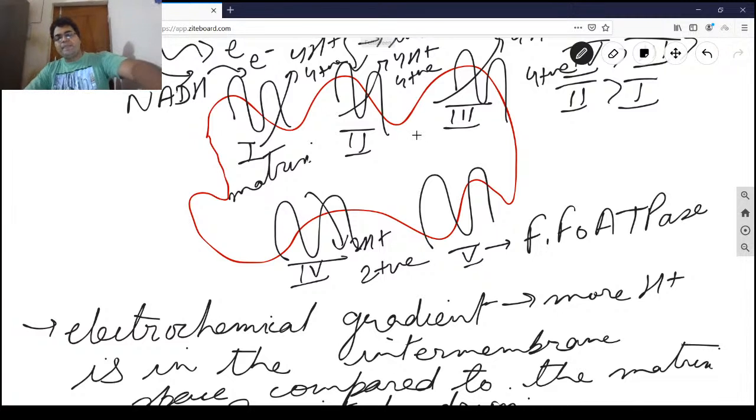So here what will increase? Negative charges, because everywhere you have both negative and positive ions. Chloride ions and especially the proteins will be present inside.